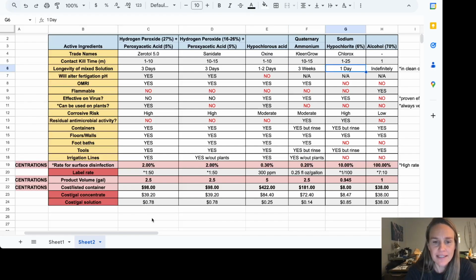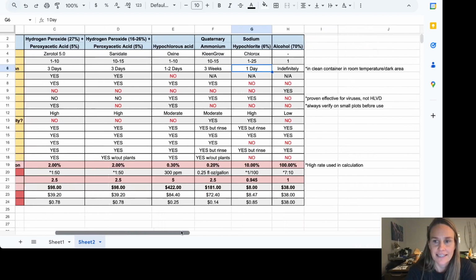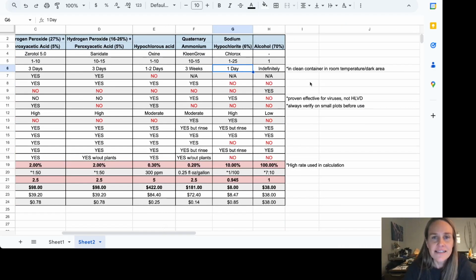Now keep in mind that asterisks, this is their tested values if it's in a clean container, so you don't have organic matter in that container that these active ingredients are killing, and then which destroys their sanitizing ability. But this is if it's in a clean container and it's in a dark area, because the sun can help break down some of these compounds.